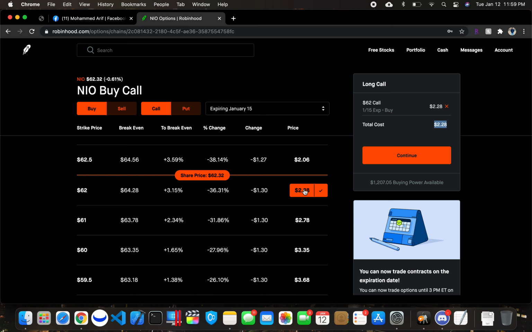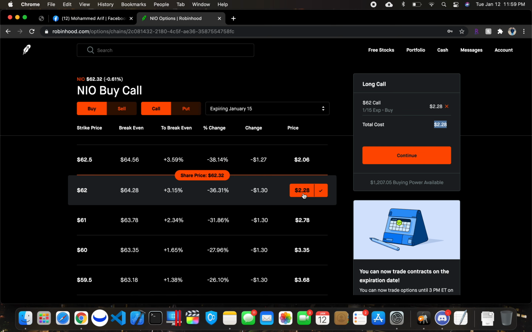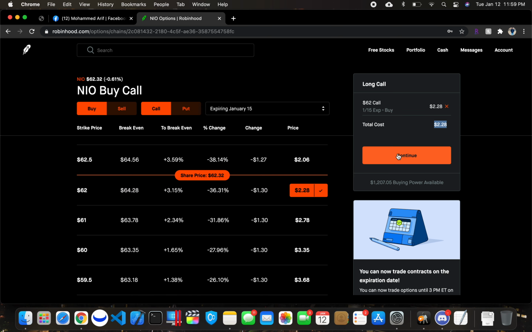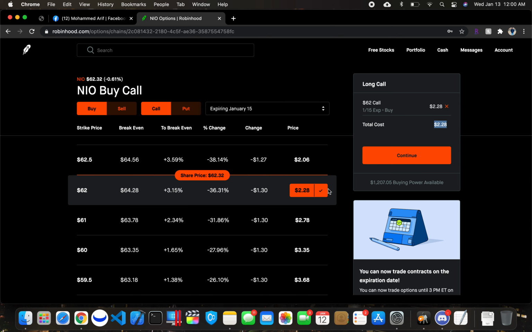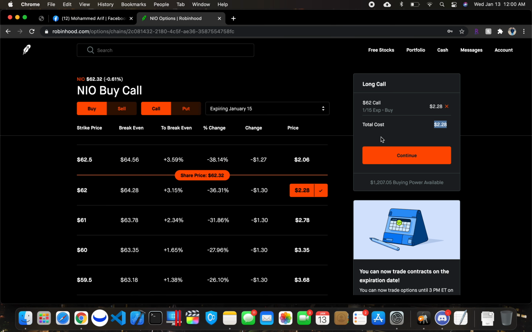Whatever the price you see here, $228, you may think, oh, that's so cheap, but you have to remember options are 100 times, meaning each call is multiplied by 100. So 228 multiplied by 100, and multiplied by 1 because you're buying one option for 100 shares.